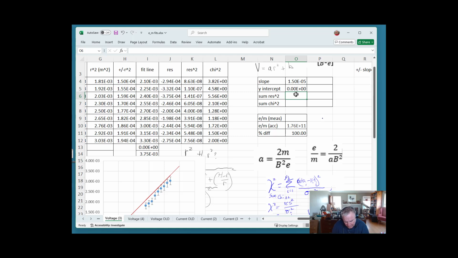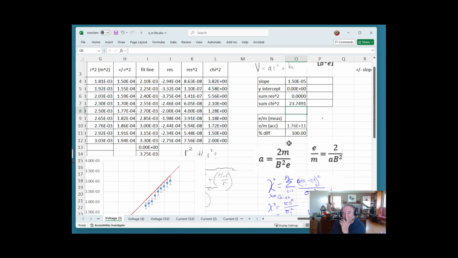So we want to get both sums. The other video I made, I showed you how the sum of the chi-square and the sum of the res square gets you somewhat different results. Equals sum of the chi-square, excuse me.